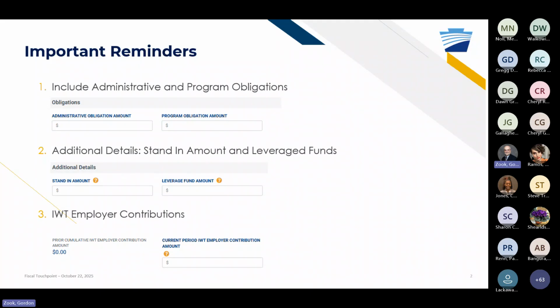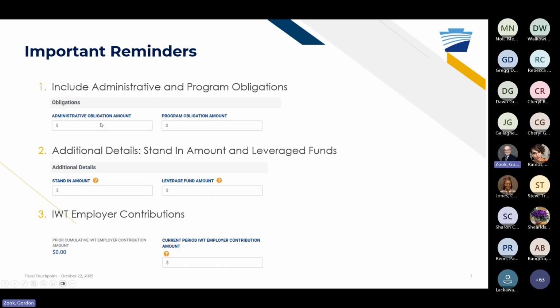At the bottom of the FSR, there is a section for administrative and program obligations. These are obligations that you have for payments to be made that have not yet been made, so they're not reported as an expenditure on your FSR or as an accrued expenditure.